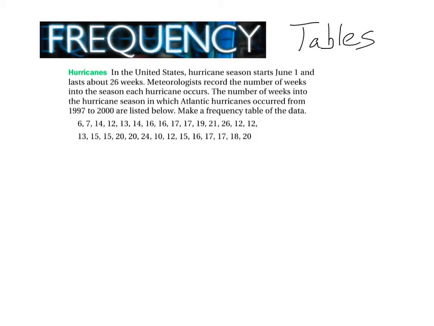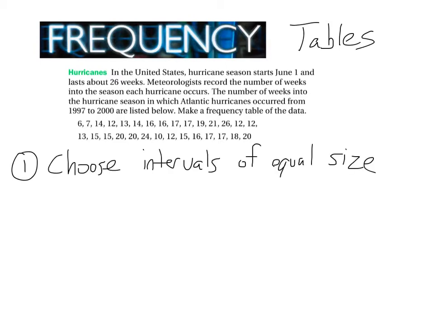Okay, so what we're going to do is make a frequency table to show us how frequently hurricanes occur and how many weeks into the season that happens, to see if we can see a trend. So the first thing we're going to do is choose intervals of equal size. What do I mean by that?